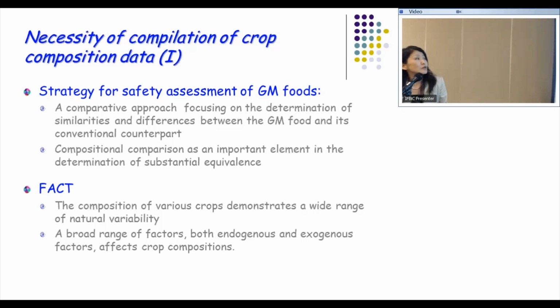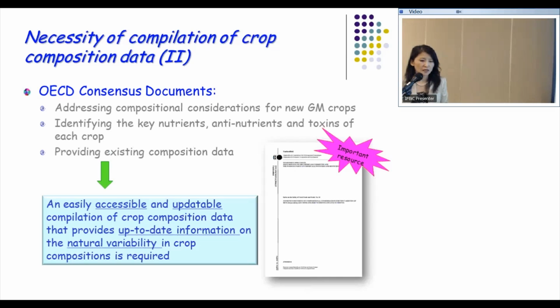But in fact, the composition of various crops demonstrates a wide range of natural variability, and a broad range of factors, both endogenous and exogenous, affect crop compositions. Under such circumstances, the OECD has published OECD consensus documents addressing compositional considerations for new GM crops.